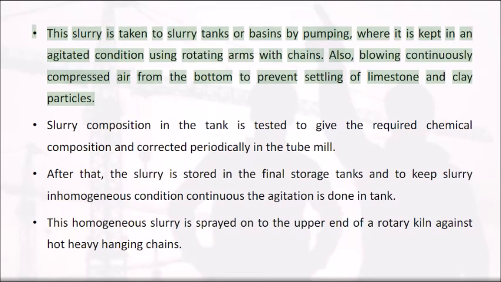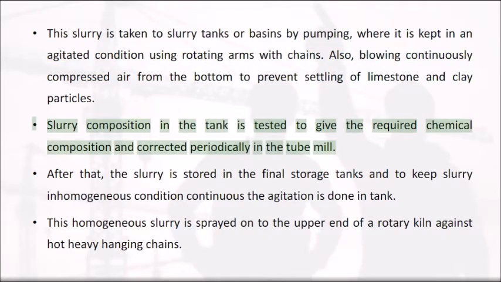This slurry is taken to slurry tanks or basins by pumping, where it is kept in an agitated condition using rotating arms with chains, and also by blowing compressed air continuously from the bottom to prevent settling of limestone and clay particles.